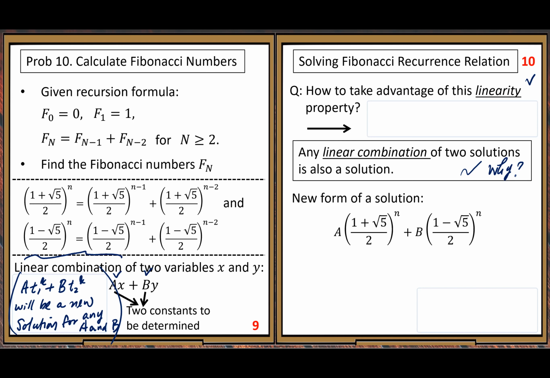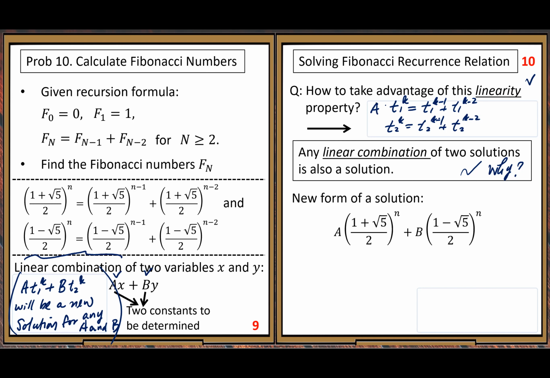Let me explain a little bit here. T1 to the k is a solution, so T1 to the k equals T1 to the k minus 1 plus T1 to the k minus 2. That is the first solution. Likewise, T2 to the k is the second solution, satisfying the same equation.